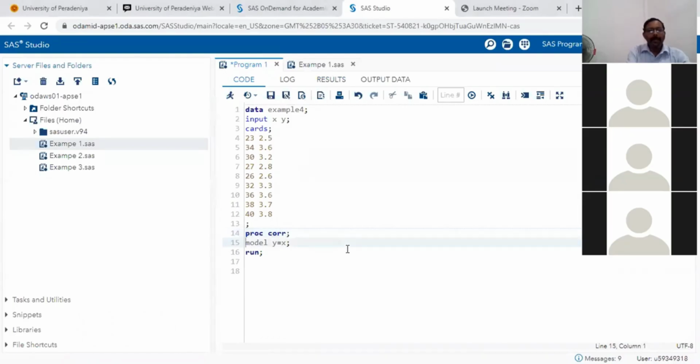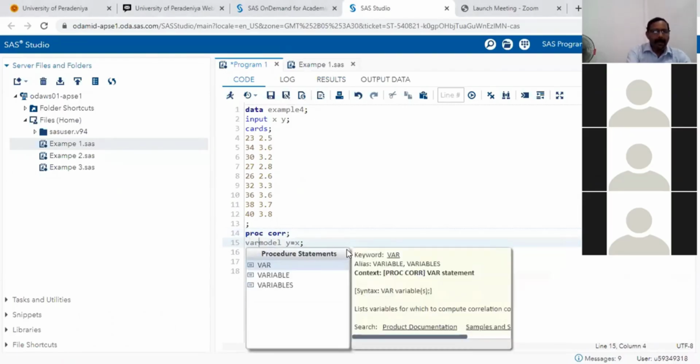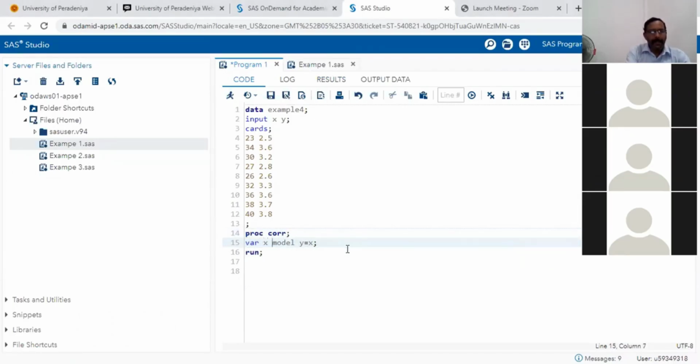Proc correlation, variable X and Y. So this is how we give the command. We don't need to write the full word because SAS identifies even 4 letters, right? Proc corr.